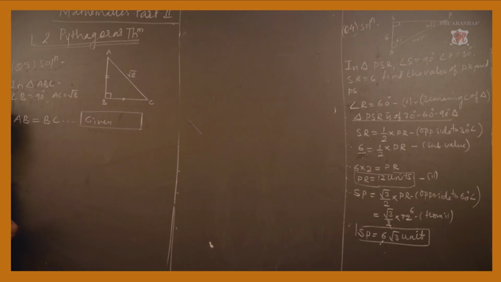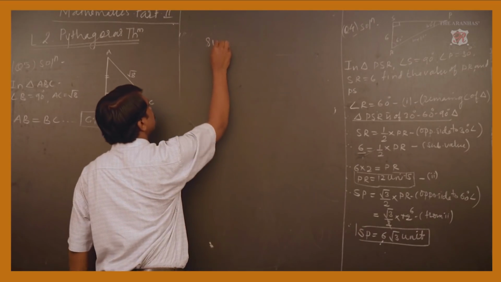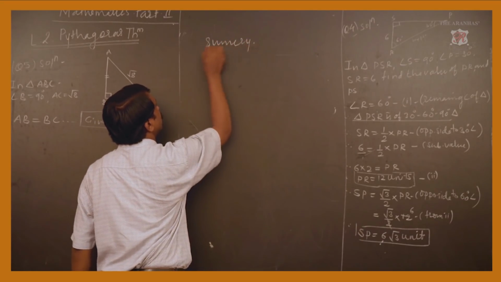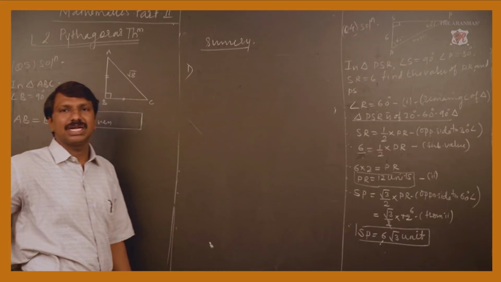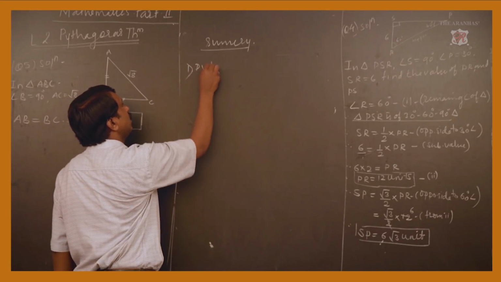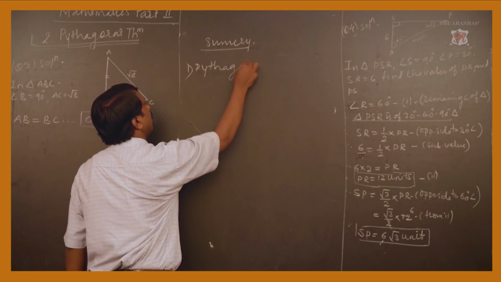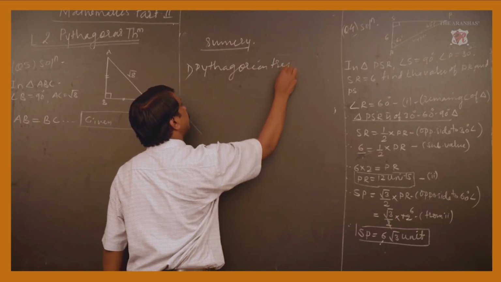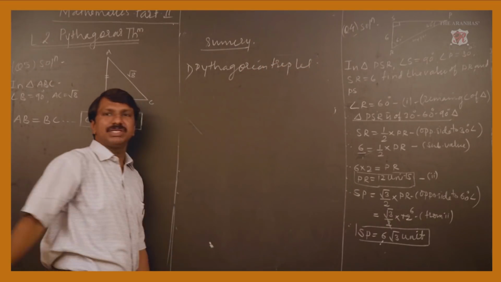Okay, students, because of the time, this example will continue in the next period. So, a little bit as a summary we will discuss, and even take it as homework. The first topic we discussed was the Pythagorean triplet. So what does Pythagorean triplet mean?